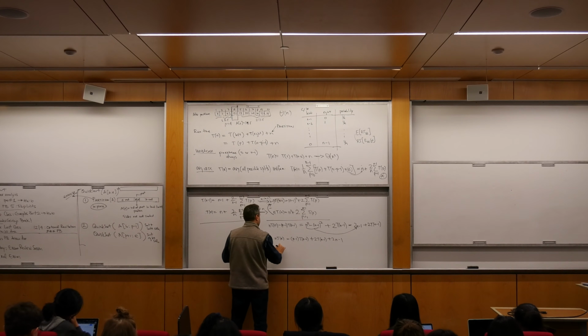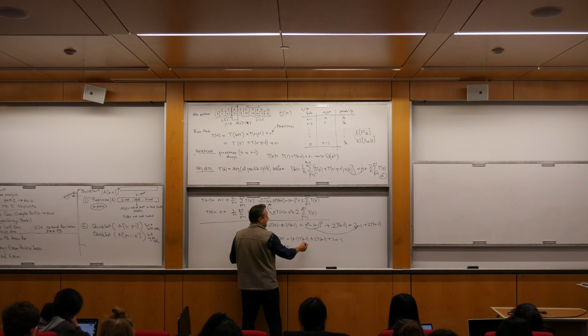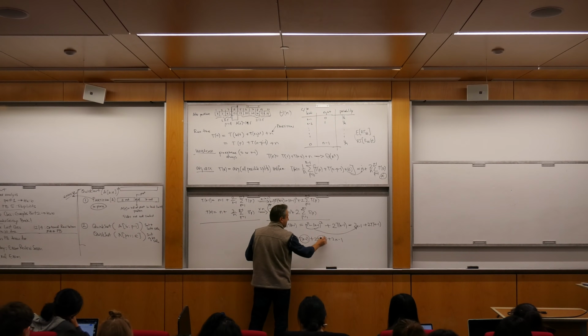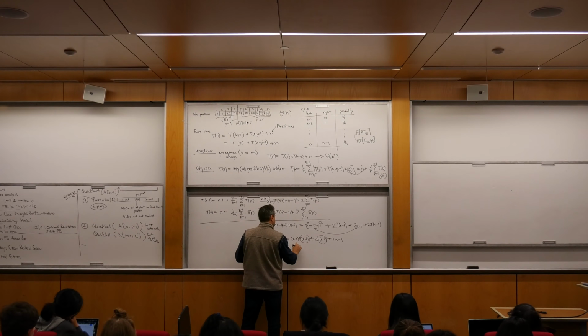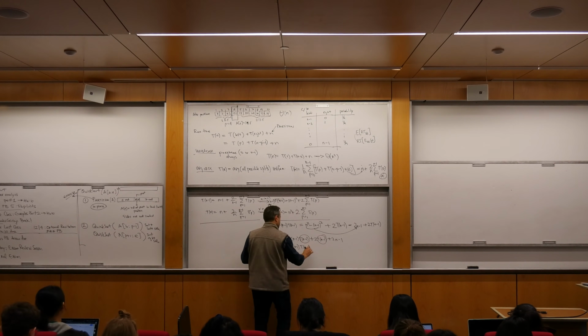That is n t of n. I see this and this being the same orange here. That's n plus 1 t of n minus 1 plus 2n minus 1.